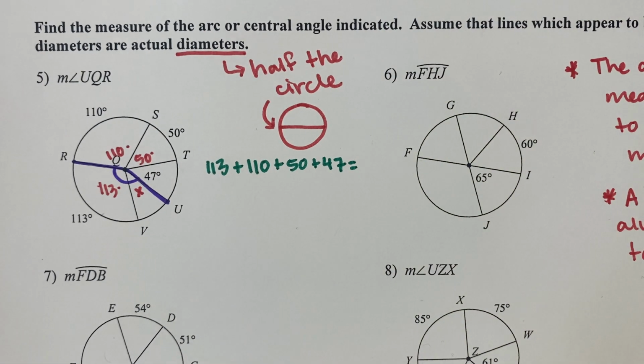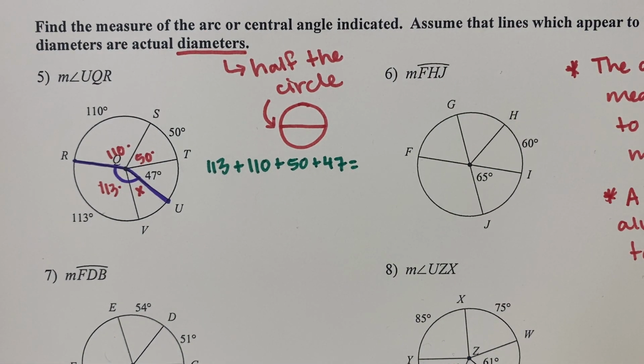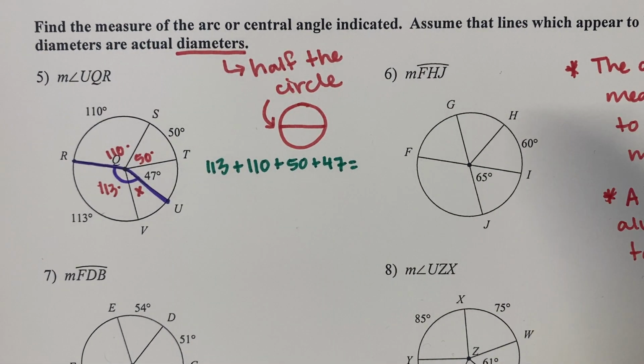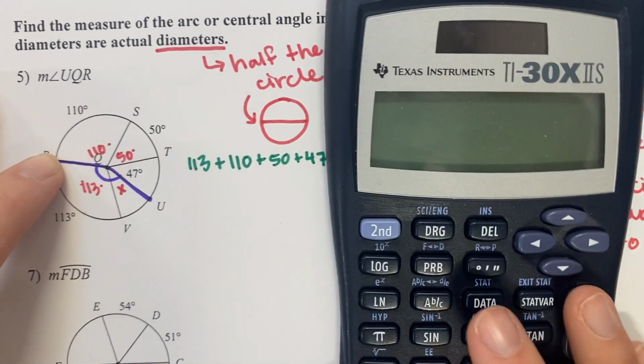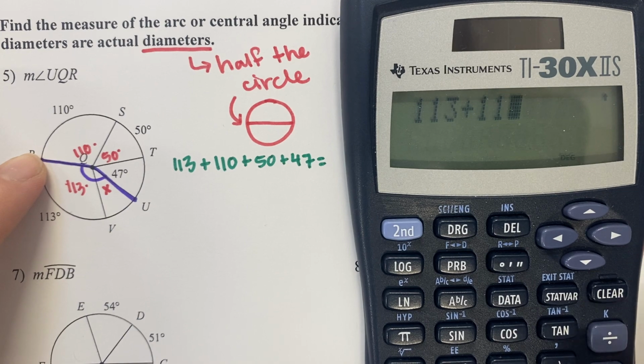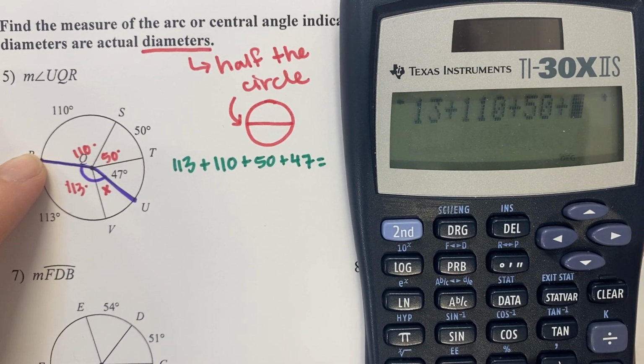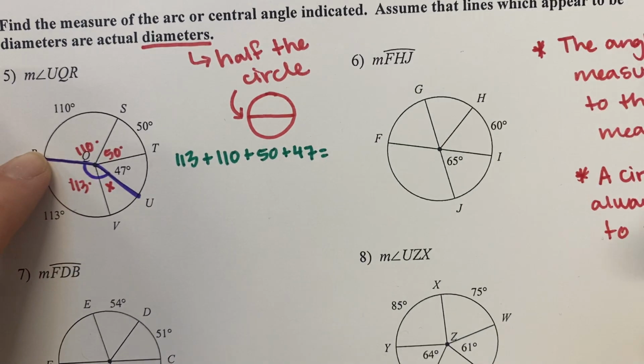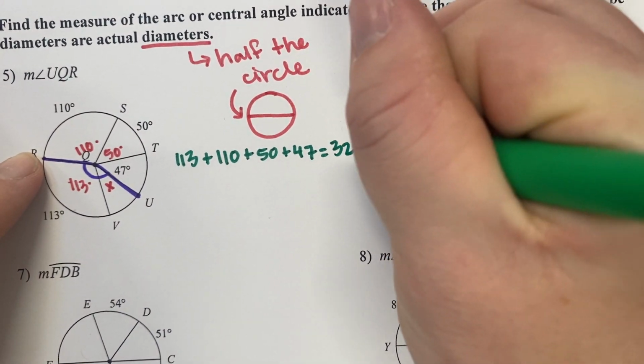And what is this going to be? Let me grab my calculator. Okay, so 113 plus 110 plus 50 plus 47, and we get 320.